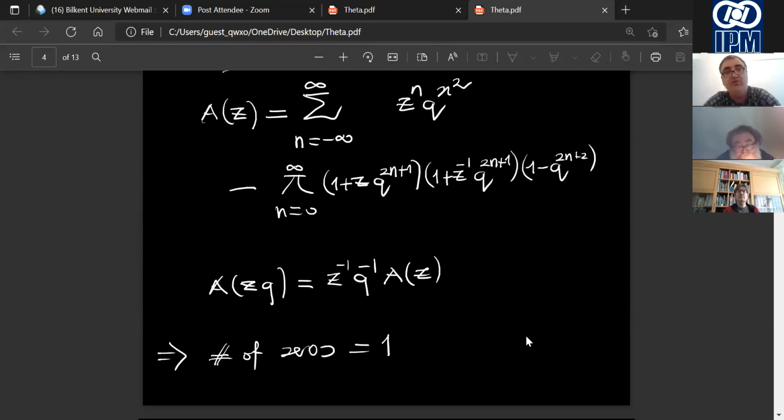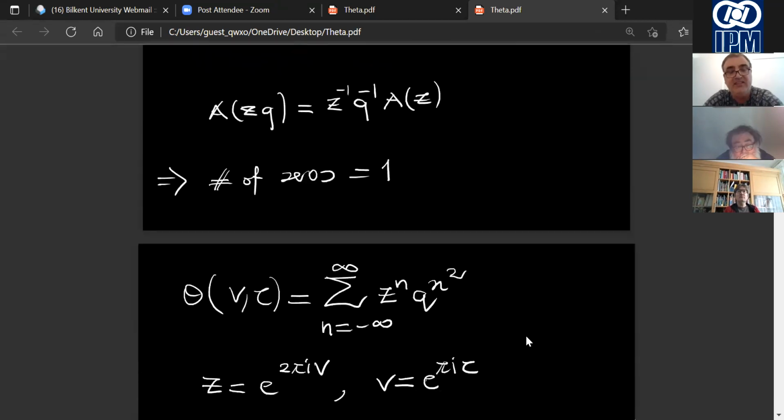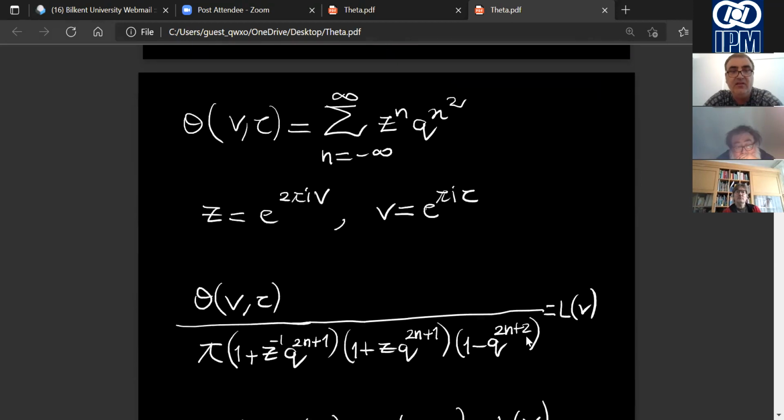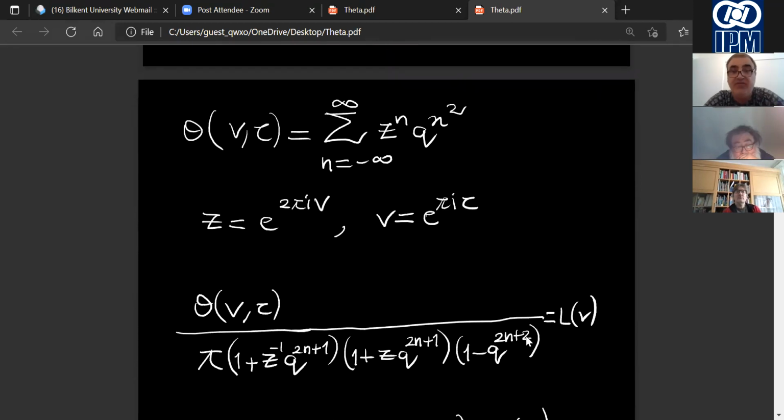Another approach would be to realize these things as periodic functions. Let me define the theta function using v and tau. Here I set z to be e to the 2 pi i v and q to be e to the pi i tau. You can specialize z and q so that this becomes any one of those classical theta functions.